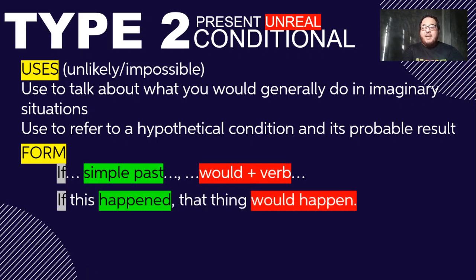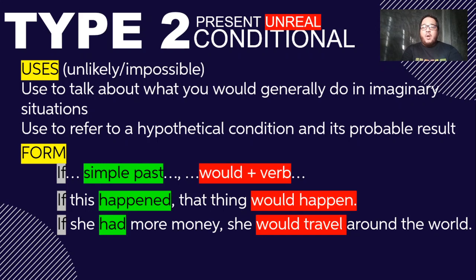Let's have this example: if this happened, that would happen. Another one, if she had more money, she would travel around the world. I'm speaking right now, imagining that if I had more money, then I would be traveling around the world.